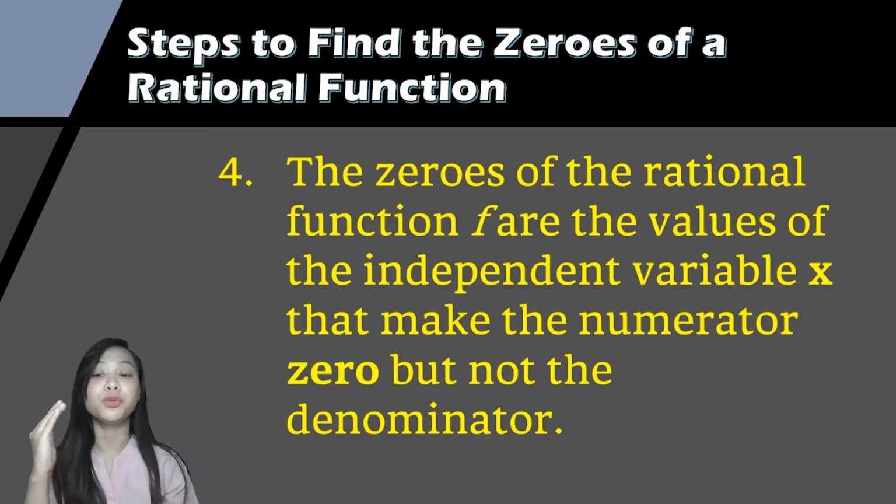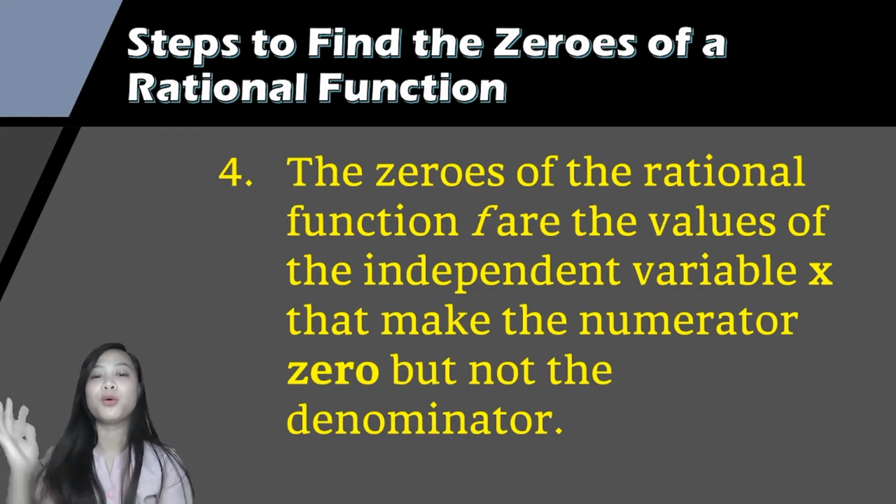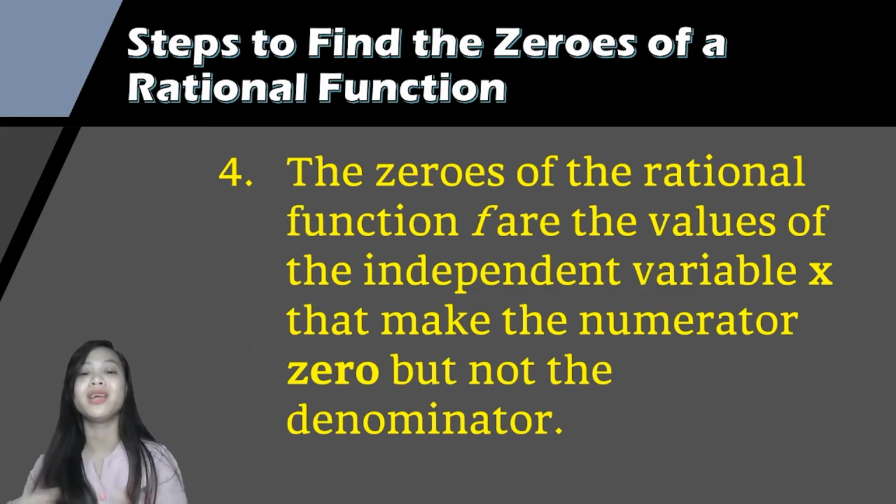For you to get the zeros, you need to equate your numerator to 0. Take a look at the two sets of values, the zeros and the restrictions. If they are the same, that zero which is also a restriction can't be considered a zero because it makes your rational function undefined.